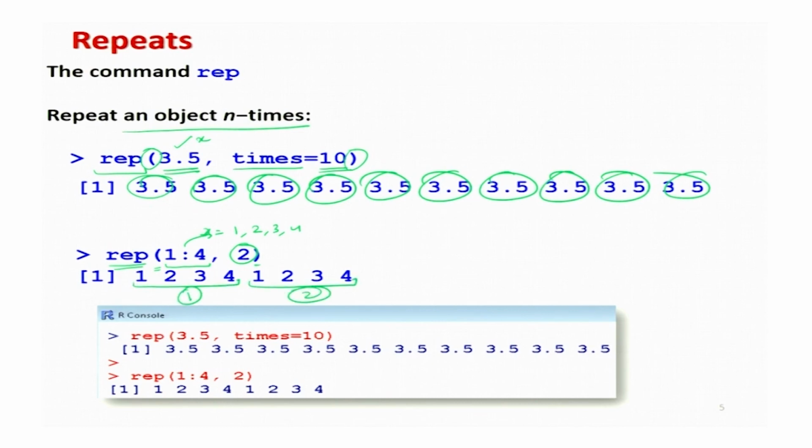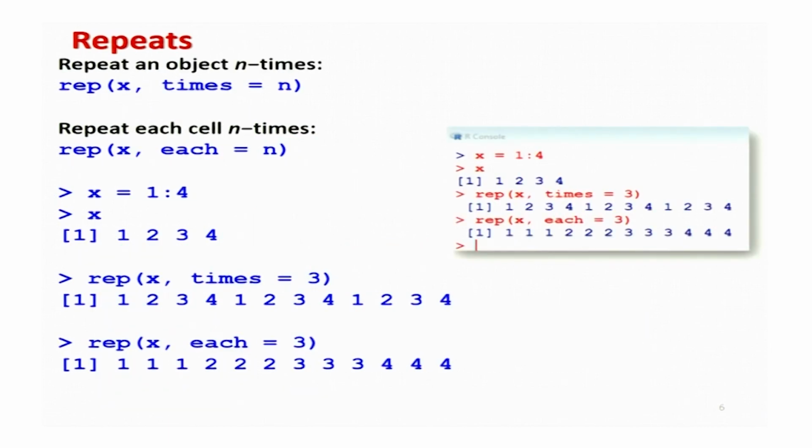So you can see that this command rep can be used for a scalar like 3.5 and a vector like 1, 2, 3, 4, and this is the screenshot. After this I will illustrate the difference in the outcome when we use the option times and each.